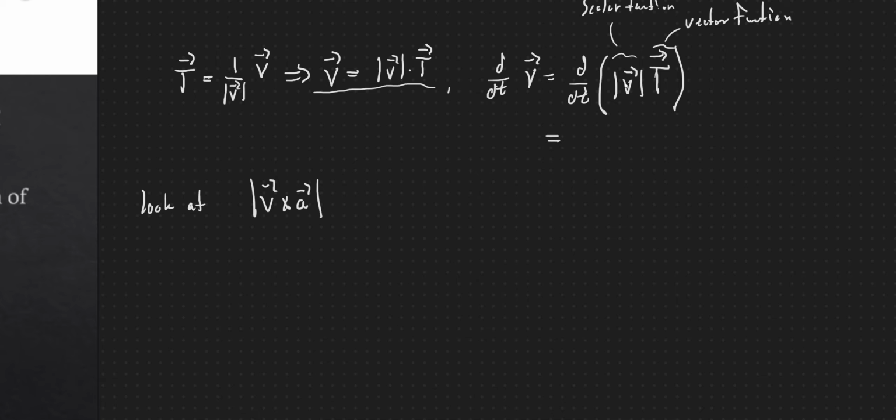And so we can use the product rule for derivatives of this form, scalar times vector. It's the derivative of this scalar valued function, magnitude of v prime, multiplied by T, the tangent vector, plus the magnitude of v scaling dT/dt, the derivative of my unit tangent vector.